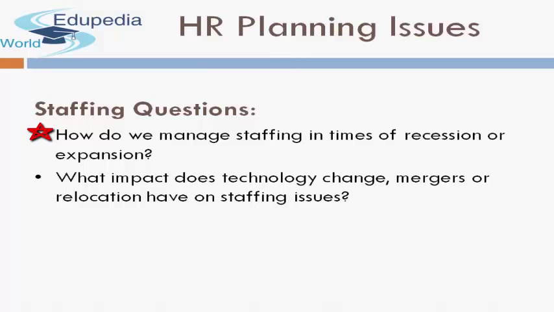Expansion, in case you're expanding, from where do you get employees? So all these things should be planned prior. That is called forecasting. We'll be studying forecasting in detail in the coming slides. Forecasting basically means that the HR management sit and look into it, or they forecast what is going to happen in the future. Is the company going to expand?